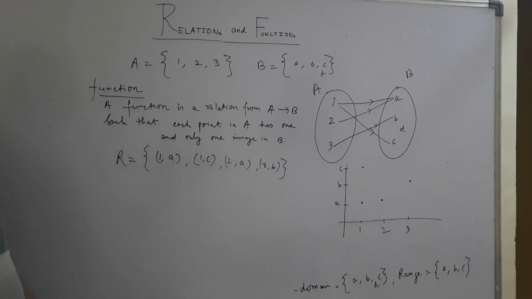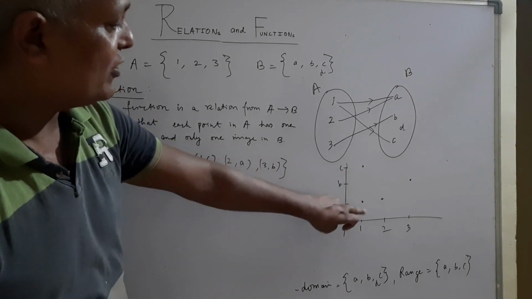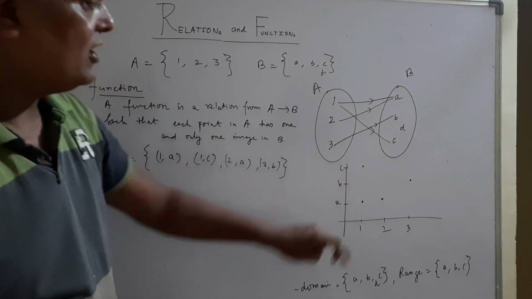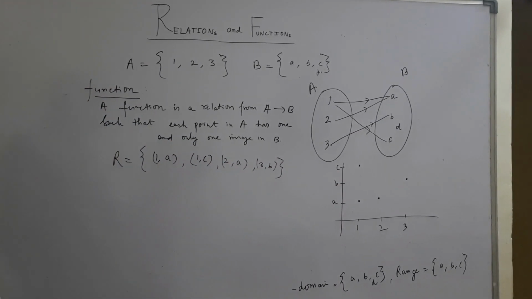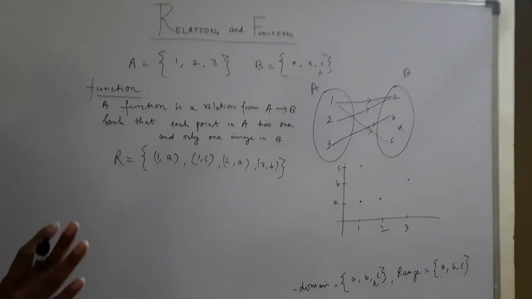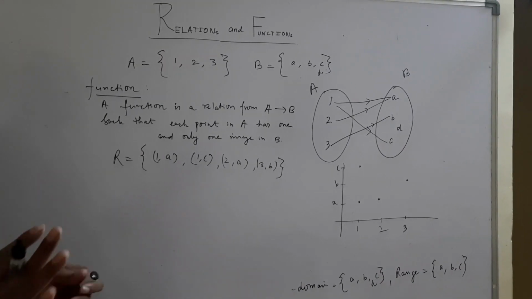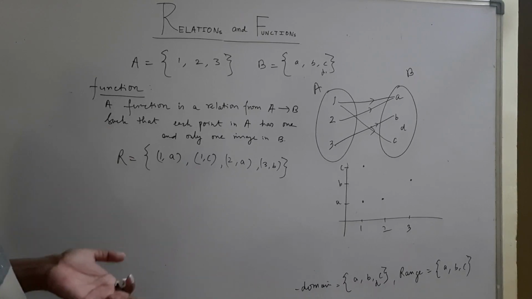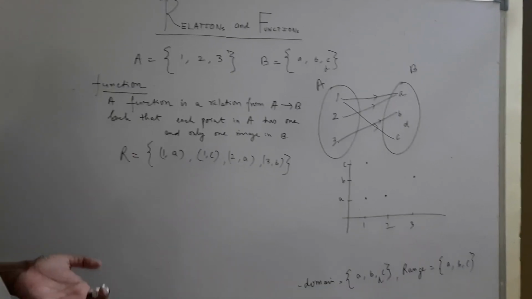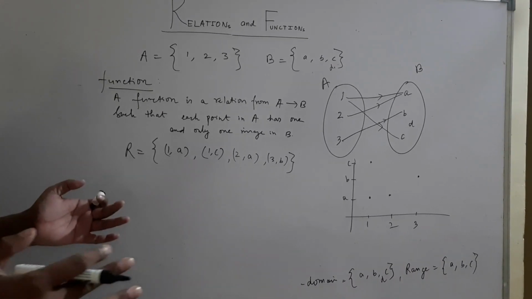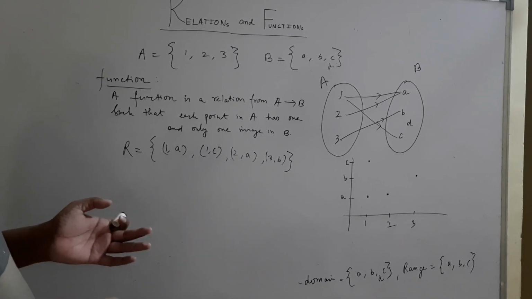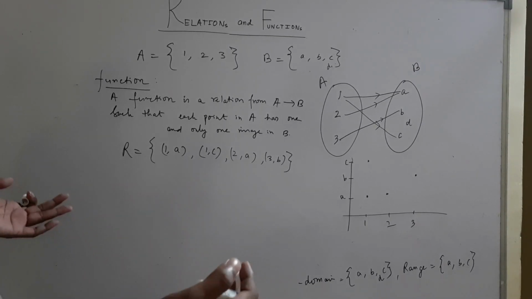Now can I make it a function? Yes. If I just remove any one of these two points, then it will become a function. Now you also know that when you are given a function, how can you check? Every function can be graphically plotted, and there is a criterion that if a function fails the vertical line test, then it is not a function.